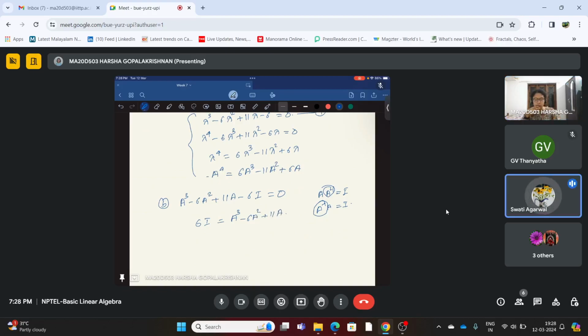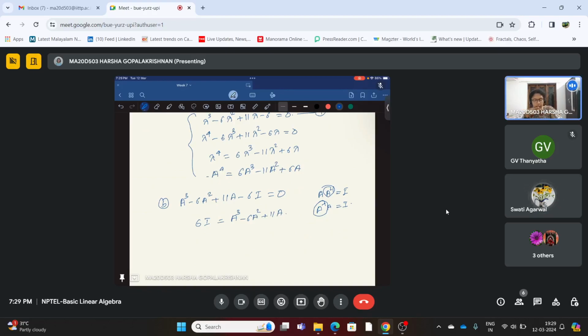And now what we can do? Write I as A into A inverse. Will it help? What we want is A into A inverse equal to I. We already got I on one side, so we can just multiply by A inverse on both sides.